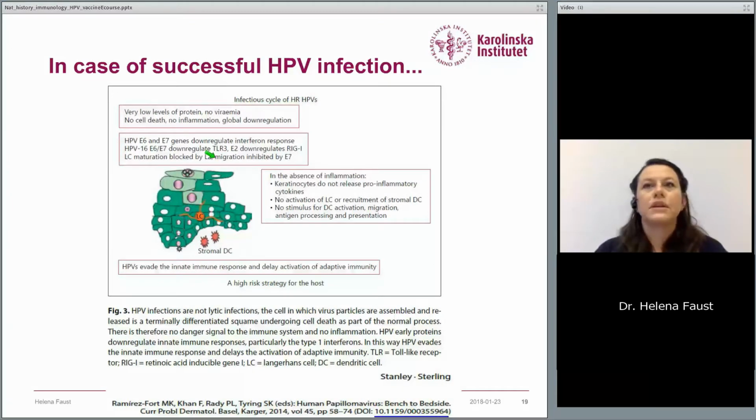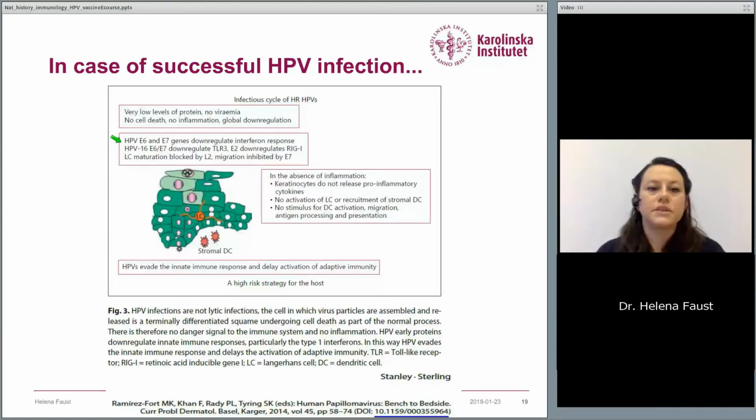But why do we then get such a long infection and sometimes even no seroconversion, no signs of clearance of the infection? That's because HPV is very successful at suppressing our immune system. First of all, very low levels of proteins are expressed: no viremia, no cell death, no lytic phase, no inflammation, global downregulation.